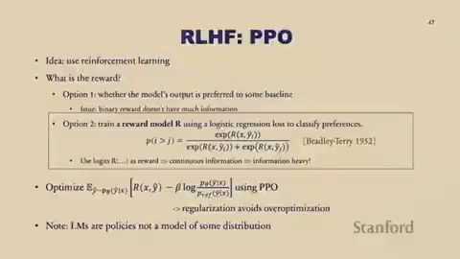One thing to note here, because it will be important for later, is that when we use PPO, the large language models are actually a policy for your reinforcement learning. It's not maximizing maximum likelihood anymore, which means that you're not modeling any distribution anymore. The reason why this is important is that models that went through this type of PPO actually don't give you likelihoods of text that are meaningful.